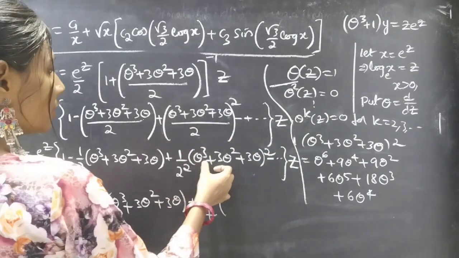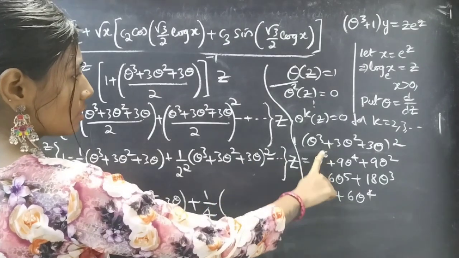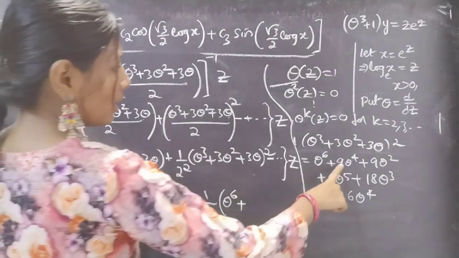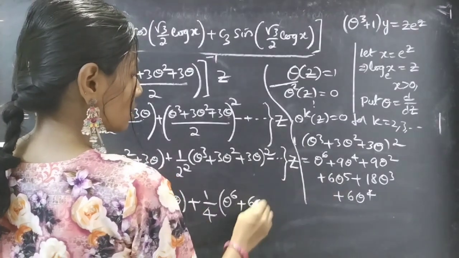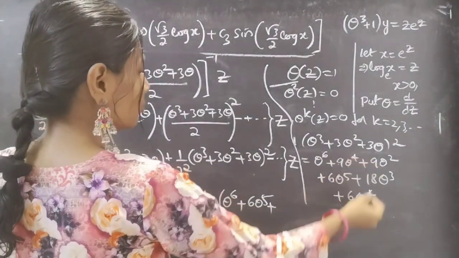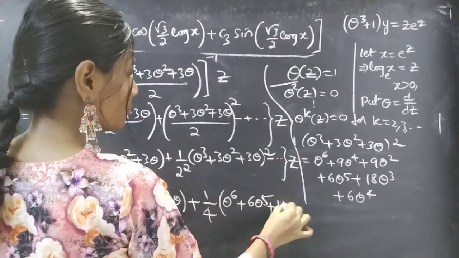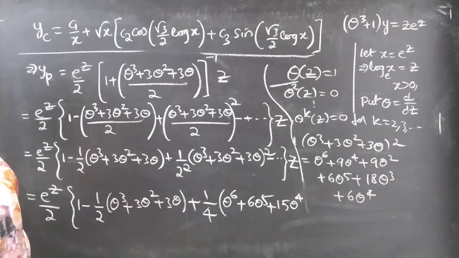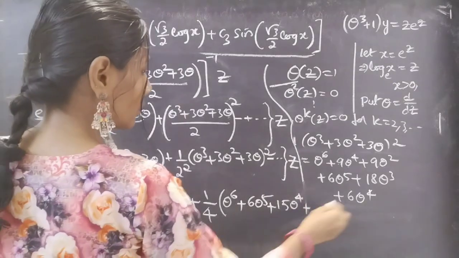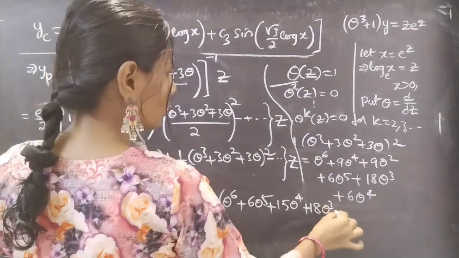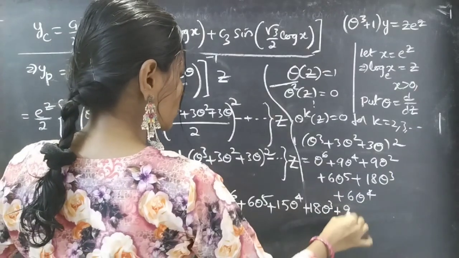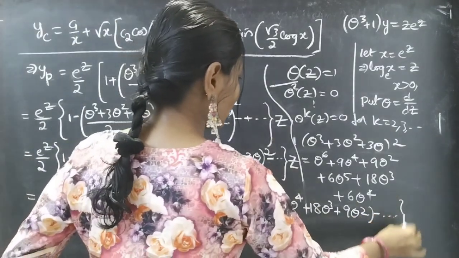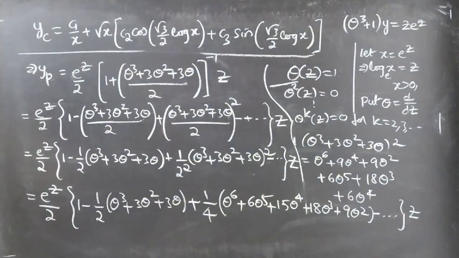The expansion of (theta cube plus 3 theta square plus 3 theta) whole square is theta power 6 plus 6 theta power 5 plus 9 theta power 4, plus 6 theta power 4 plus 9, that is 15 theta power 4, plus 18 theta cube plus 9 theta square, minus, and so on, into z.